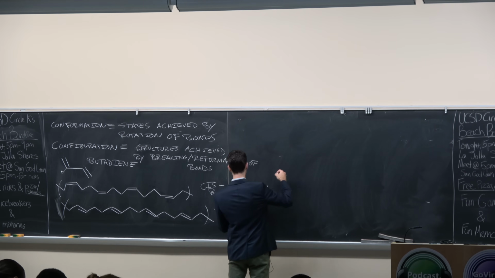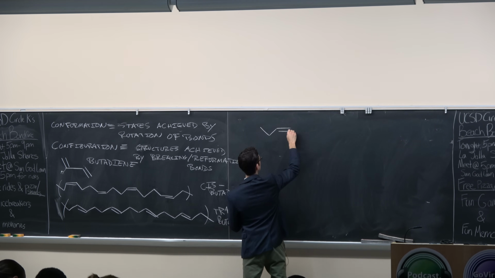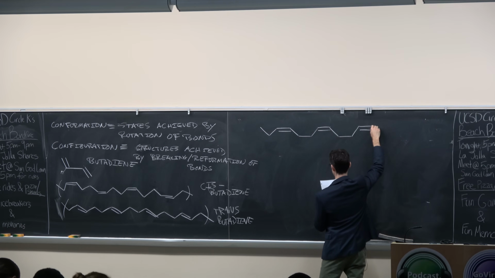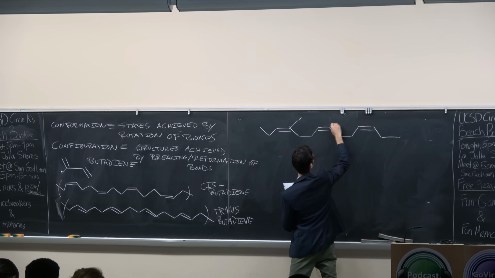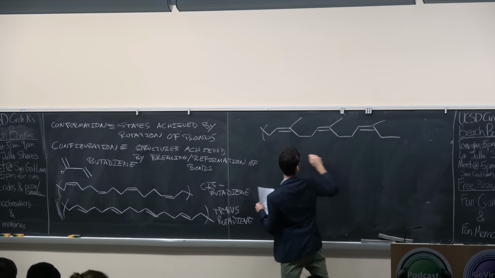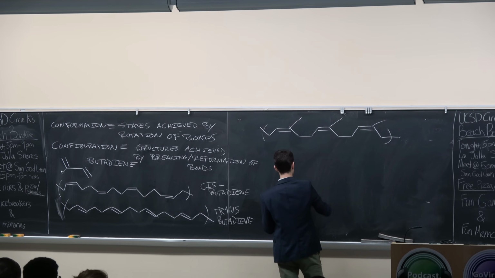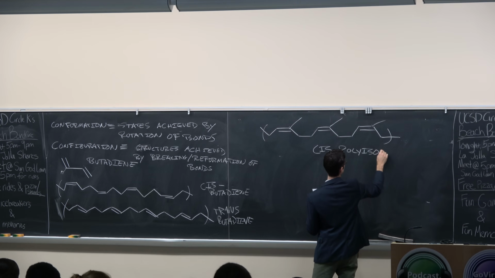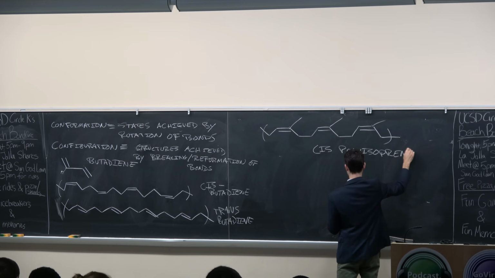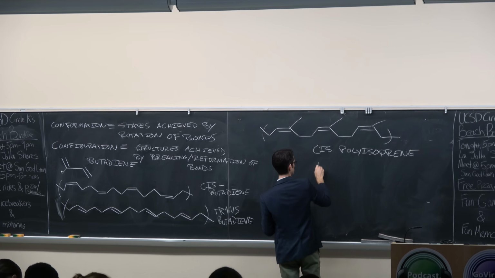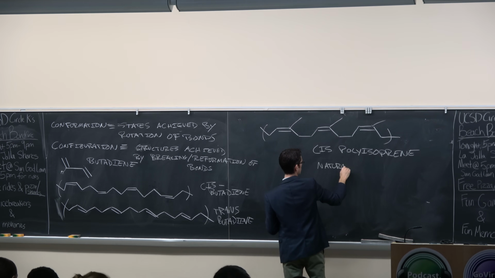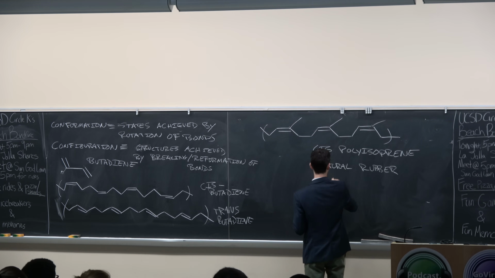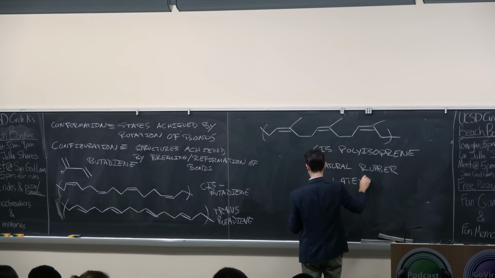Okay, just to complete this thought, butadiene and natural rubber, which is this molecule, which is cis polyisoprene, which is natural rubber or latex.